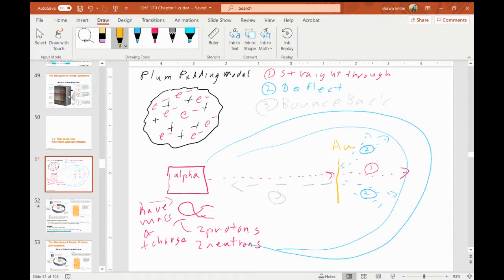He says, okay, I have a majority of my electrons passing straight through my gold foil. So what can I conclude? That there's nothing there.